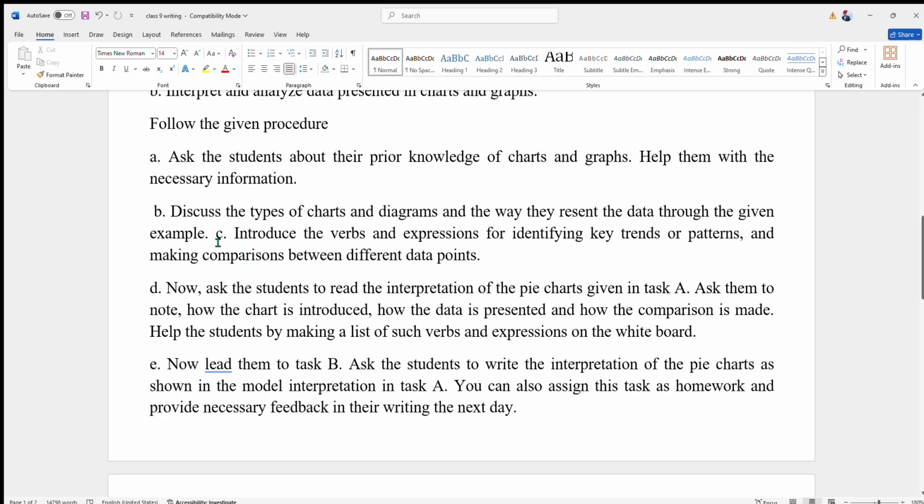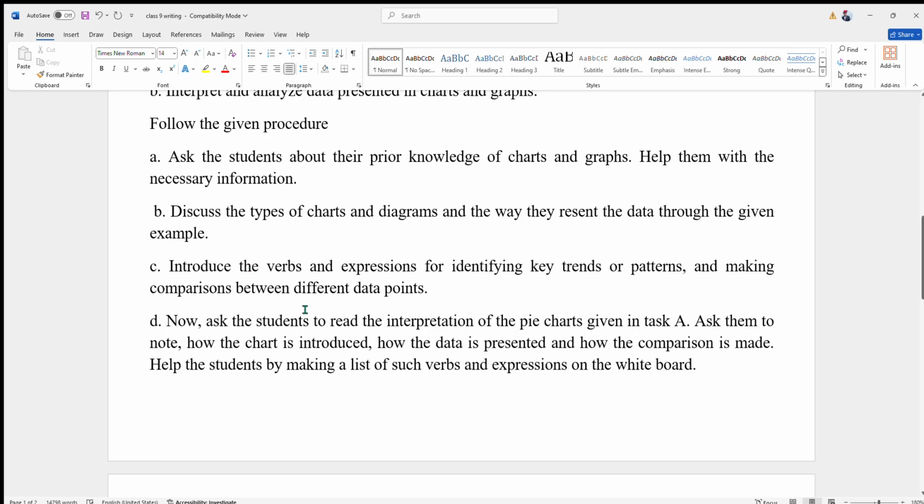Then introduce the verbs and expressions for identifying key trends or patterns and making comparisons between different data points. That is given in the book, in the textbooks of grade 9 and 10.